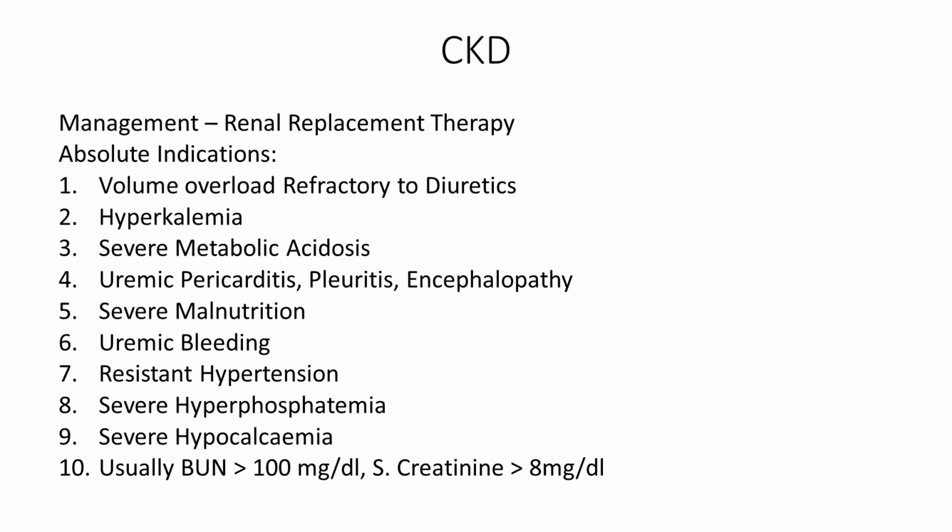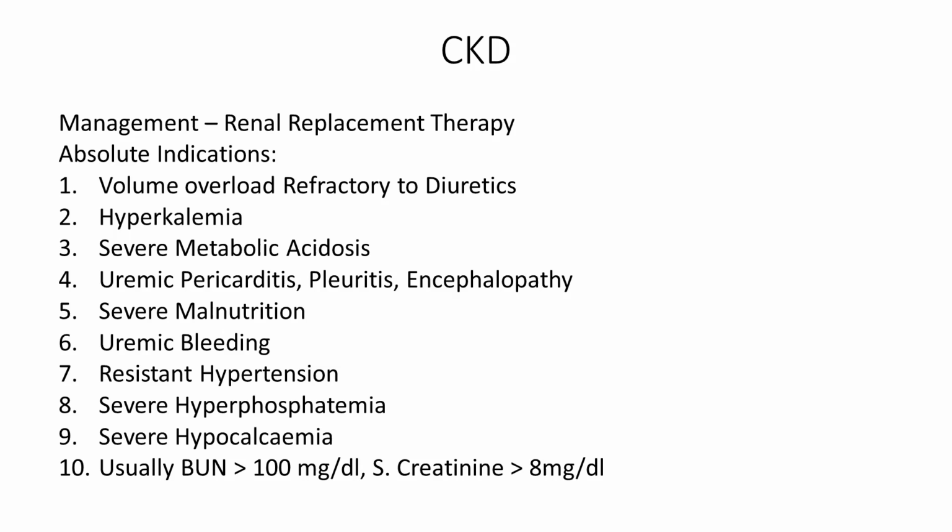In fact, patients with severe malnutrition, to improve the quality of life, we may have to start renal replacement therapy, with which they can have a normal eating diet. Uremic bleeding is also an indication, resistant hypertension, severe hyperphosphatemia, severe hypocalcemia.